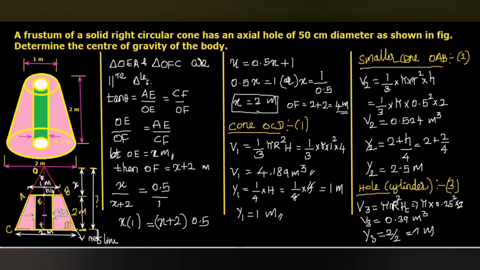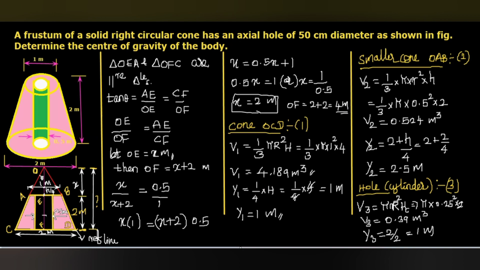So now V1 Y1, V2 Y2, V3 Y3, all we calculated. From V1 Y1, we have to subtract V2 Y2 for the cone and minus V3 Y3 for the cylinder.